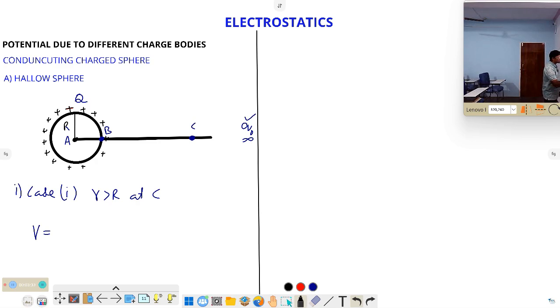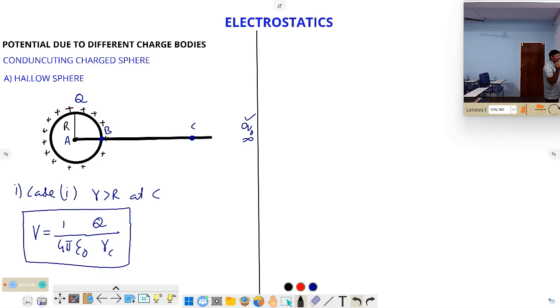We already discussed that it is 1 by 4 pi epsilon naught times Q by the distance of the point, that is r_C, because r is greater than capital R. So this is the equation for the potential due to the charged body at point C.